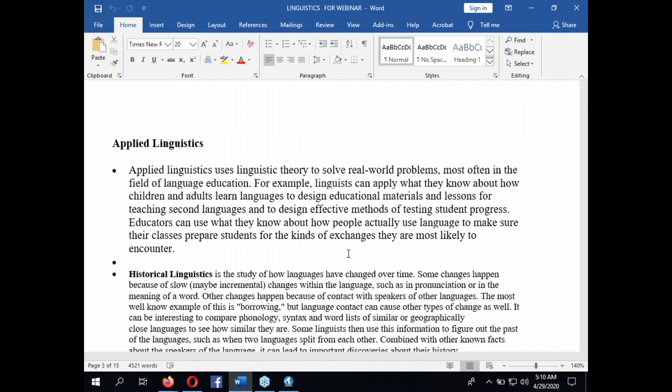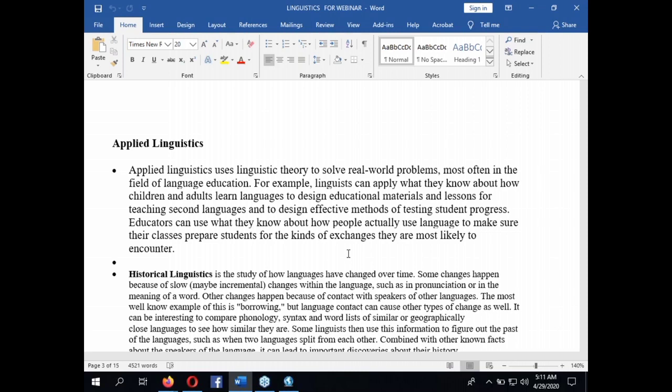What that means is that linguists apply the knowledge based on the surveys and the research they've done. They use it to design educational programs or materials which could be useful in teaching second languages to children.